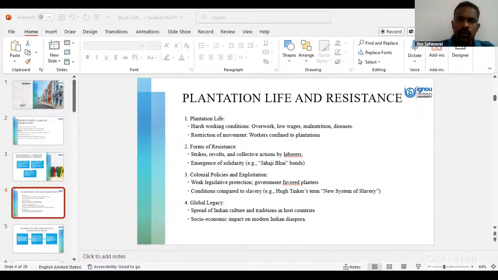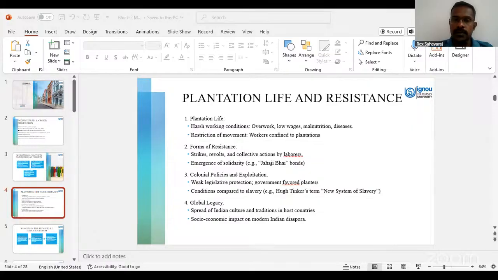So normally what will happen? They will give some amount before they move to some other country. For example, 50,000, let us imagine that. Keep it as an example. So I am borrowing the 50,000 to move from India to Malaysia, for example, to work in the tea estate.